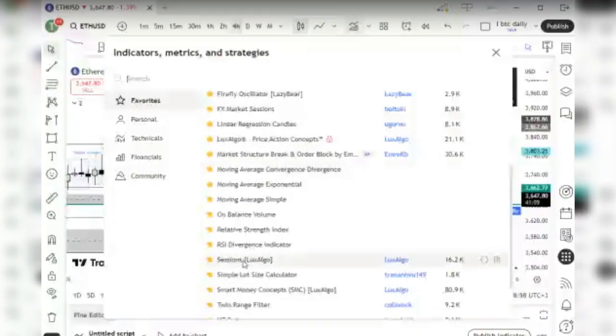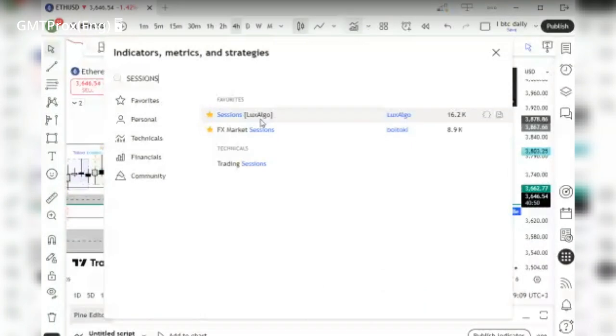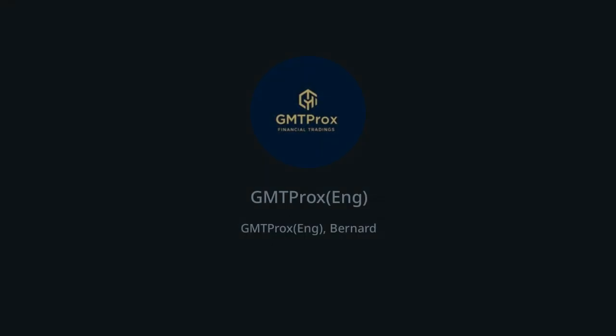Or you can search for Sessions by Lax Argo. Just come in and search for sessions, then pick Sessions by Lax Argo or FX Market Sessions by Boytok.